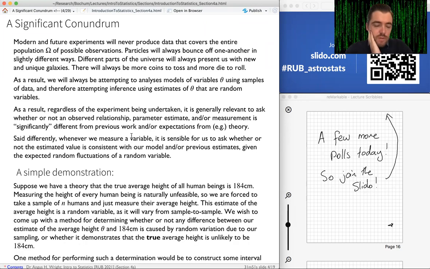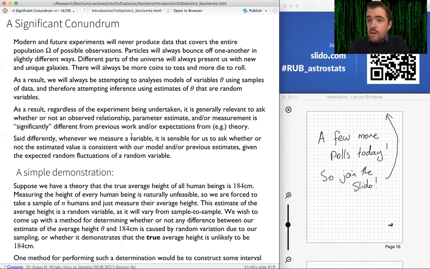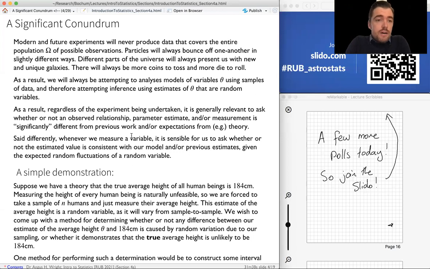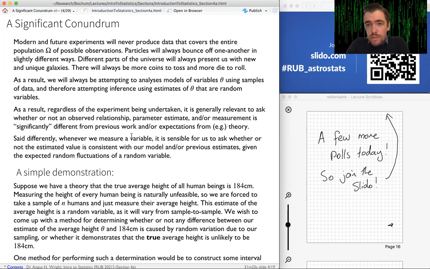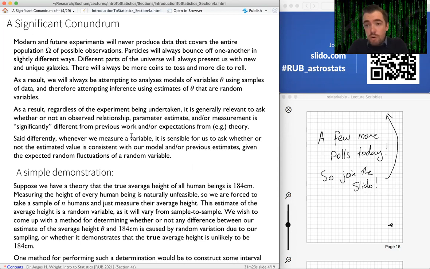Now, one of the conundrums that we run into when we do statistical inference is that, as we stated when we first started this course 10 weeks ago, we essentially never have access to the full gamut of all possible observations. Instead, we generally have a subset of all possible observations that we call the sample, and we have to try and do some sort of statistical inference with that sample.